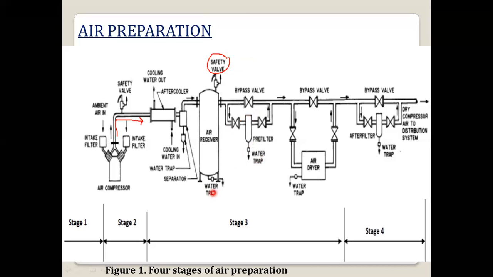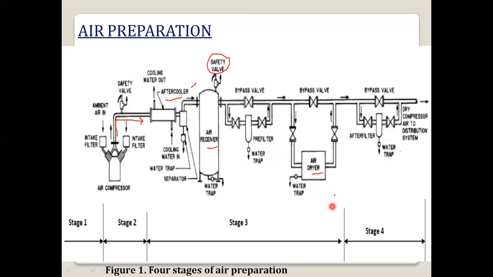Then mainly, we know that in stage 3, an air receiver is there, an air dryer is there, and an after cooler is there. We will discuss these three in the later slides: what is after cooler, what is air receiver, and what is air dryer.